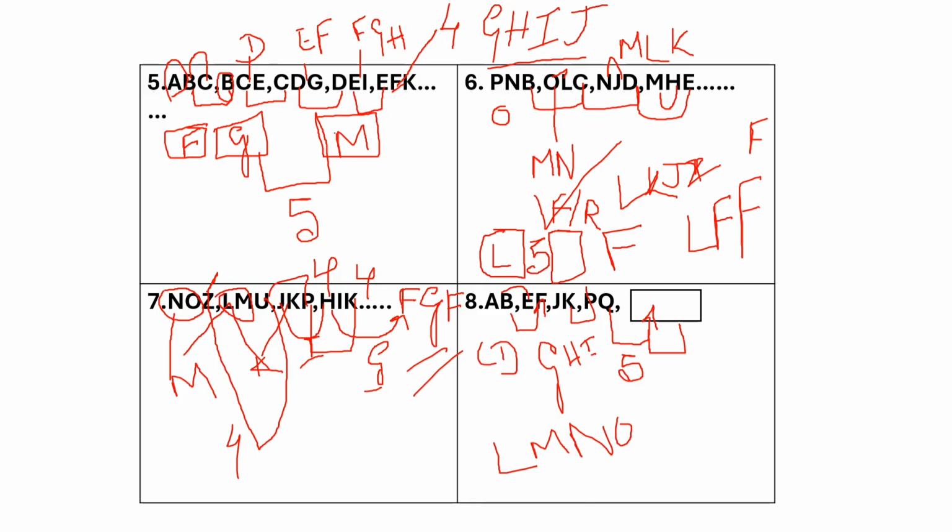Second letter of third term and first letter of fourth term, there is a missing of 4 letters. Now it should be 5. After Q, what will come? R, S, T, U, V. We have to leave 5 letters. Next is W. Okay, next immediate letter of W. X.